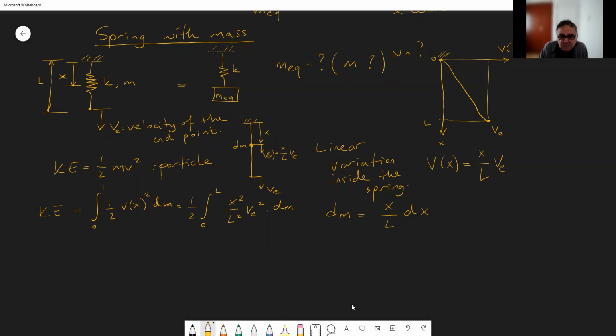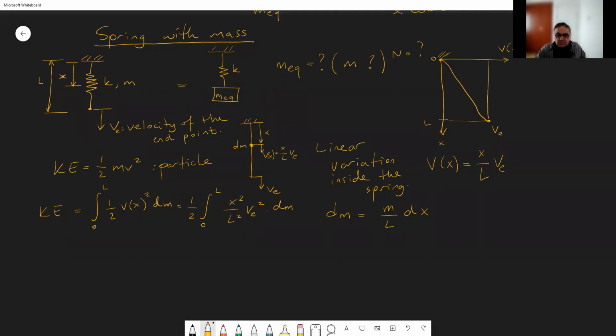Sorry, it's not x, of course. It is m over L, which means that it is density, length density, times the very small distance dx.